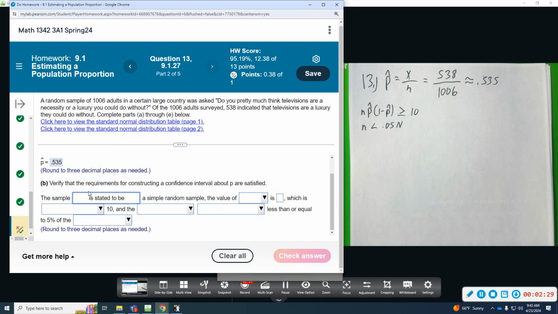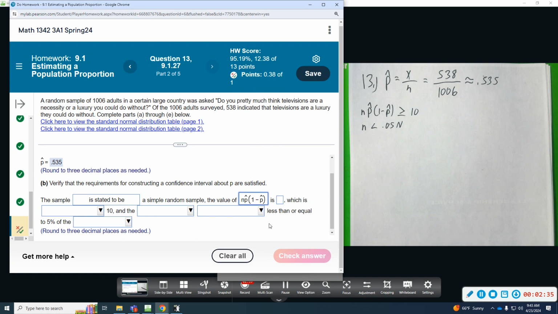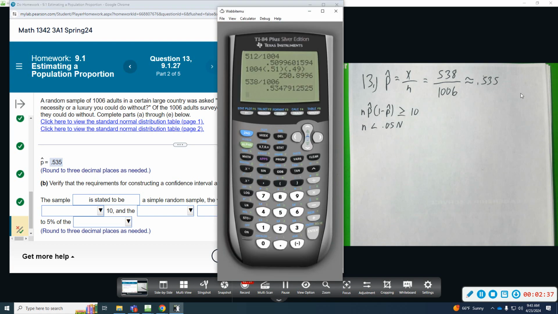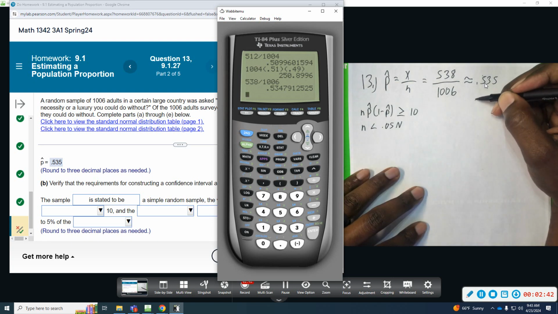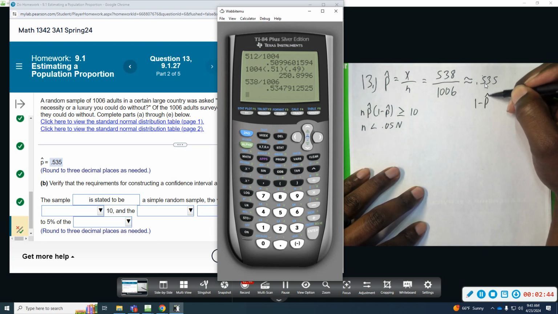It's stated that it's a simple random sample. Now the value of n p hat times 1 minus p hat, so let's find out what that is. 1 minus p hat gives us 0.465.